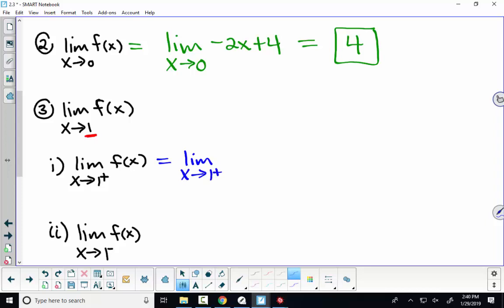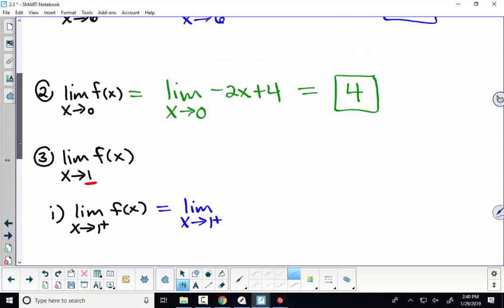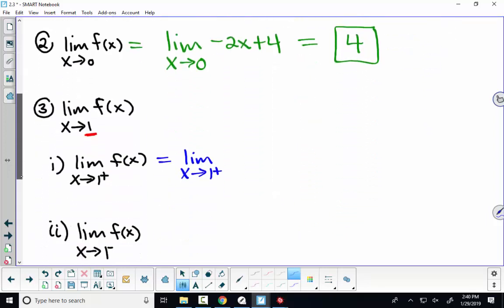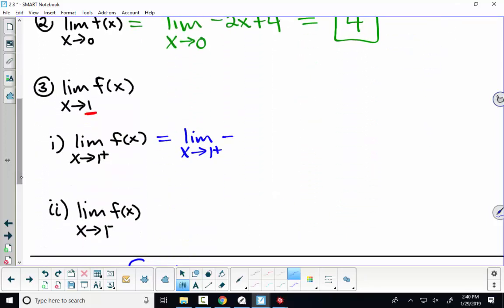On the right, you'd use root of x. Yeah. So we're approaching 1 through values that are slightly larger than 1. The only way we can do that is on this piece right here. So we have to use the square root of x minus 1 as we approach 1 from the right.